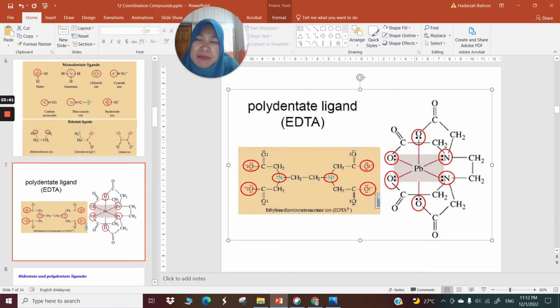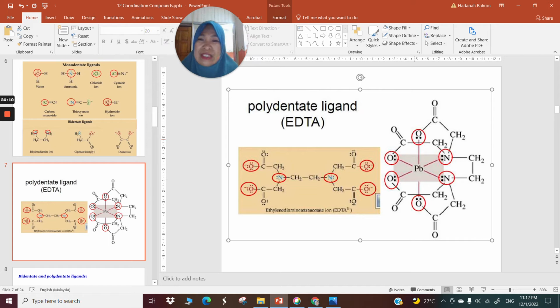If you have heavy metal poisoning, chances are doctors will get you to drink EDTA, and EDTA will come into your body and it will bind onto that poison of heavy metal, removing it as your stool. When you go to the toilet, it gets removed. The heavy metal gets removed and gets deactivated when it is encapsulated by EDTA.